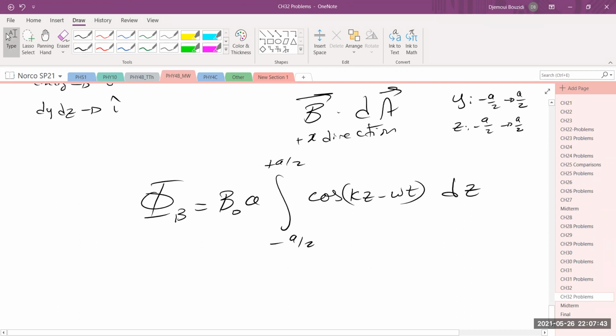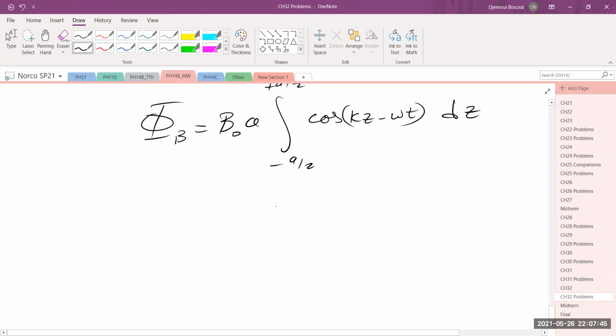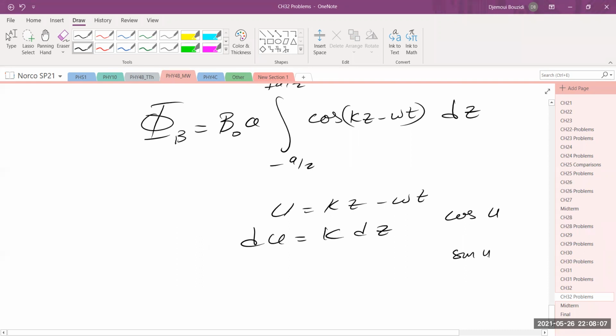So in other words, I'm going to make the following change of variable if you like. I'm going to call u equal to kz minus omega t, which means that du is equal to k dz. So for dz, I'm going to just write du over k, and I'm going to be left with integrating a cosine of u. And the integral of cosine of u is clearly sine of u, because the derivative of sine is cosine.